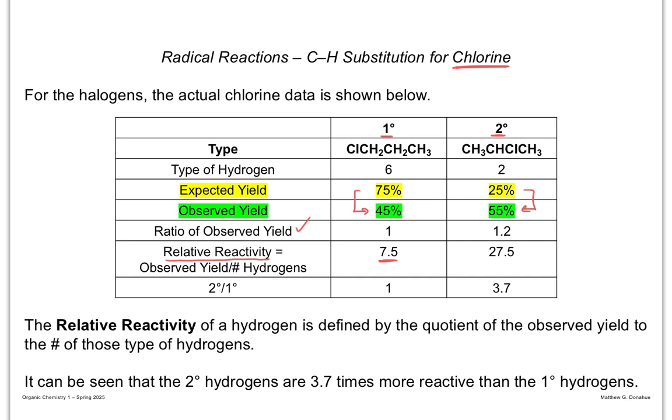If you take 55 and divide it by 2, you get 27.5. For the last row, we take both of those numbers and divide by 7.5.